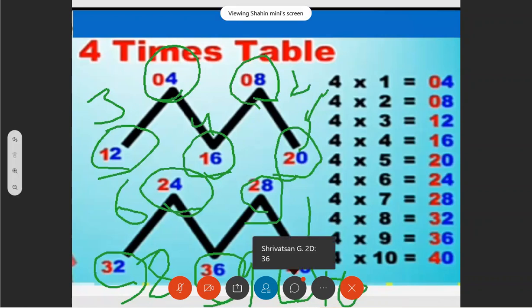One more time, repeat, children. Repeat from this table.